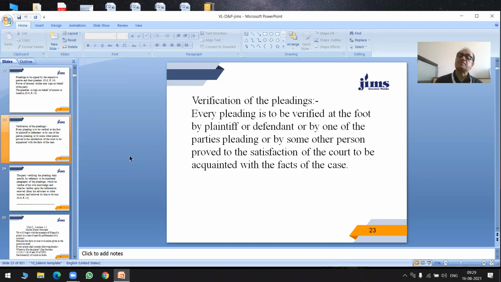So if there is such a person who is acquainted with the facts of the case, he may also sign the plaint. The best example is the munshi or the clerk working on behalf of Sethji, a very rich person. He has so many properties, so his munshi or clerk is collecting the rent. He knows the facts of the case better than the rich man.